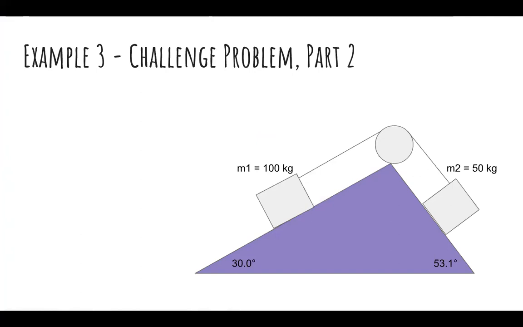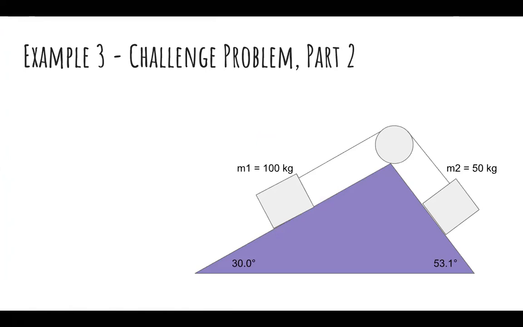We'll start with our free body diagrams. Currently they're labeled M1 and M2, so we'll use those.